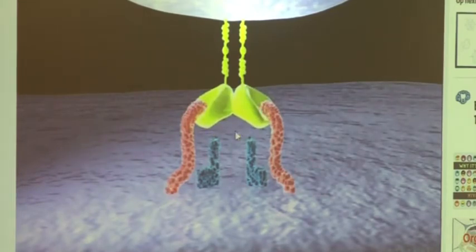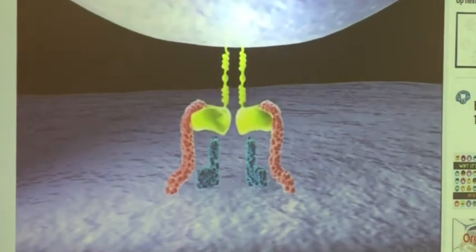This is the protein-like structure that's on the HIV virus, and here is the outer envelope with the protein structure of the HIV. So here's the HIV, and this is the surface of the immune cell, of the T helper cell.